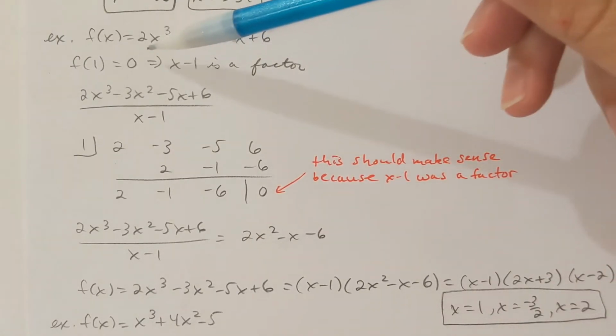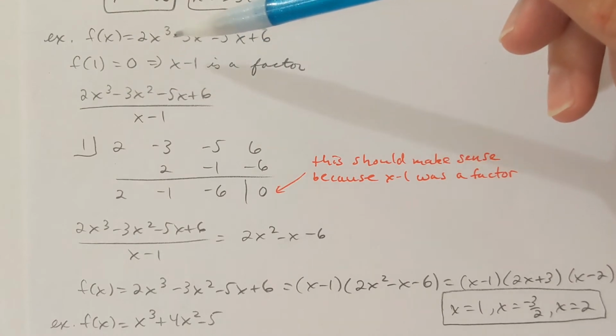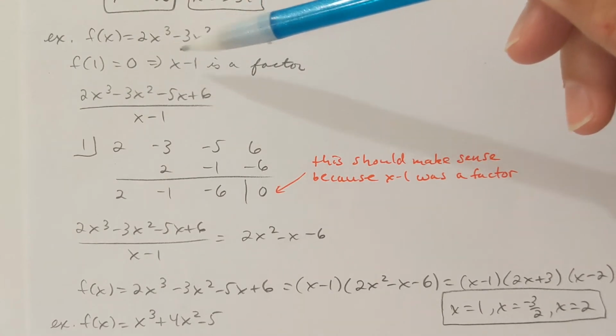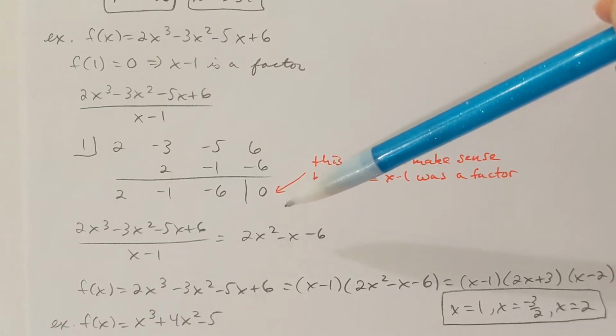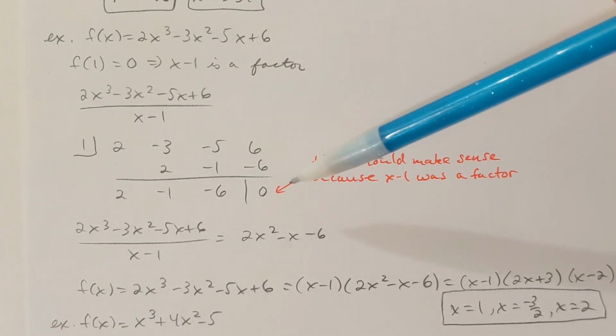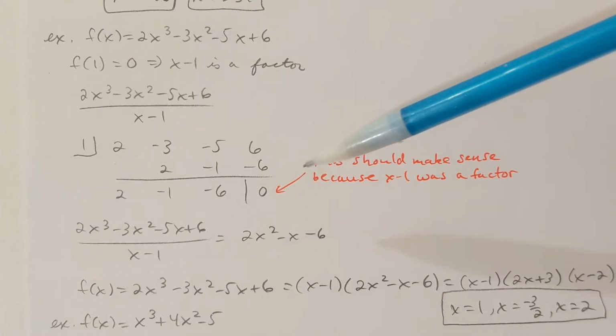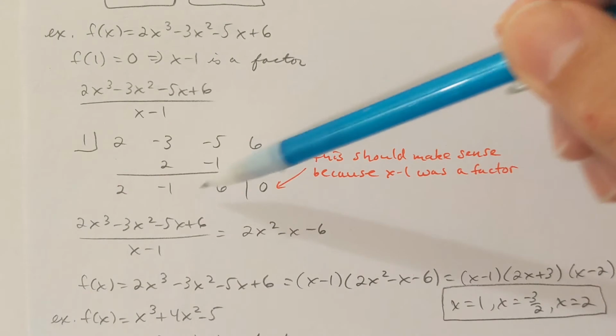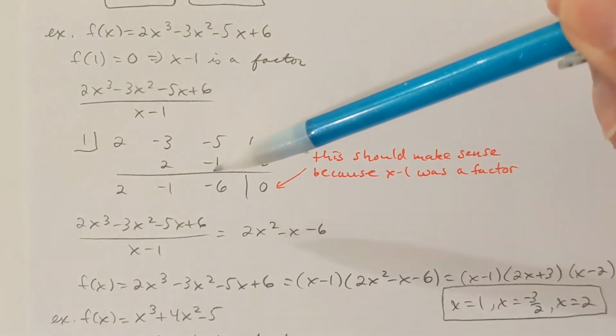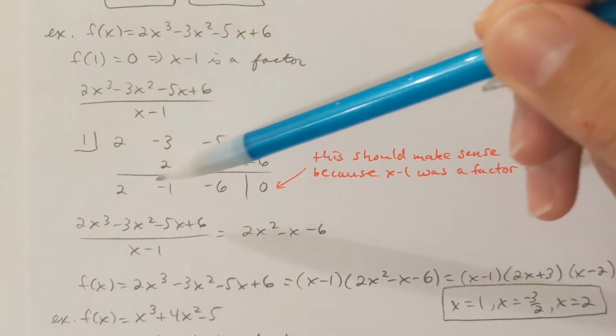Well, that looks good because that should make sense because x minus 1 was a factor. If x minus 1 were not a factor, I would not get 0 left over. So now, more importantly, I need to know what the expression is to the left of 0.